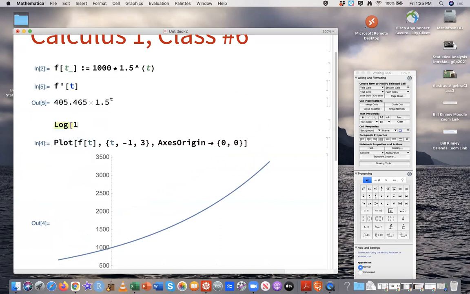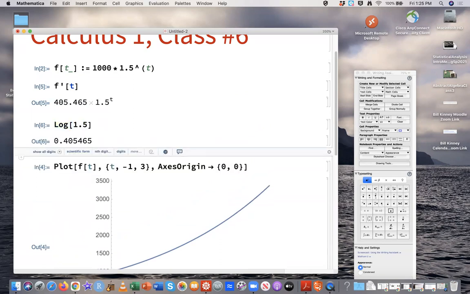Log of 1.5 in Mathematica actually means natural log. That's pretty confusing. Why not use ln? Did I mention this before? It's because Mathematica was created by a physicist named Stephen Wolfram. And when you get into super advanced physics and math, they oftentimes avoid using ln and write log for natural log, because the natural log is the best log to use, so why not just call it log?